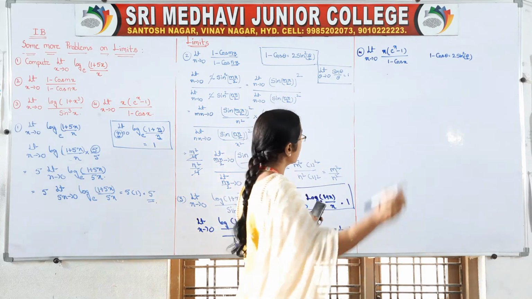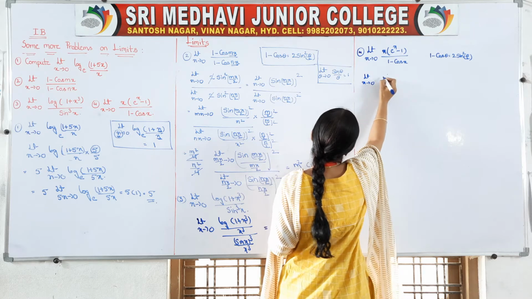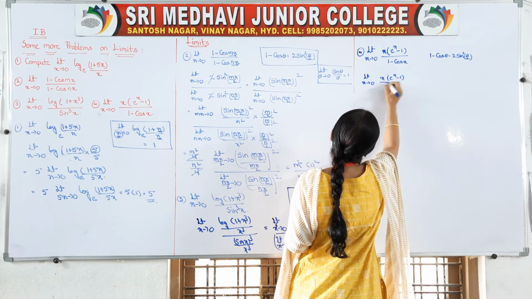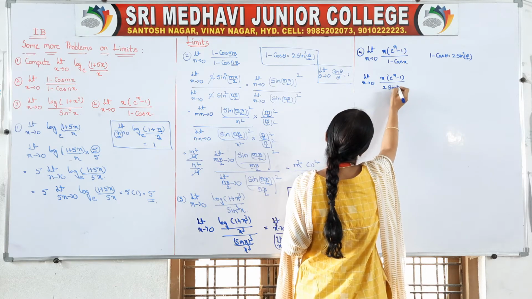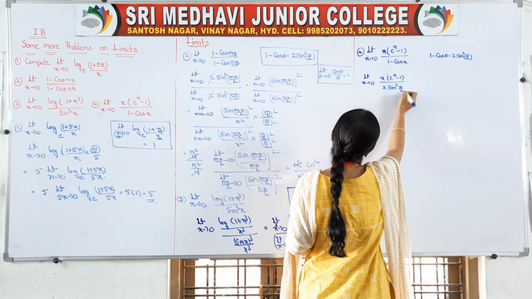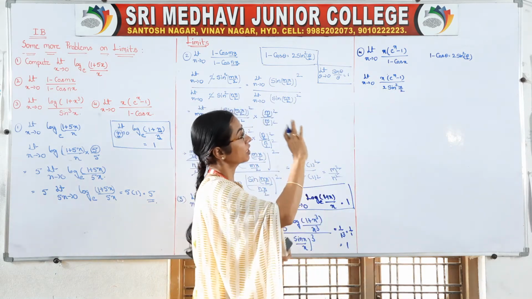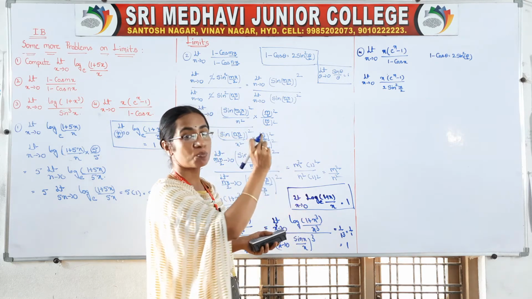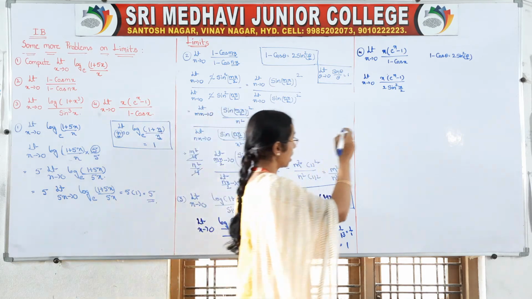So here you will have limit x tends to 0 x into e to the power of x minus 1 by, this can be written as 2 sin square x by 2. The formula is in terms of theta, it is general, right? Instead of theta we can have any value. In the problem we have it in terms of x. So 2 sin square x by 2 now.